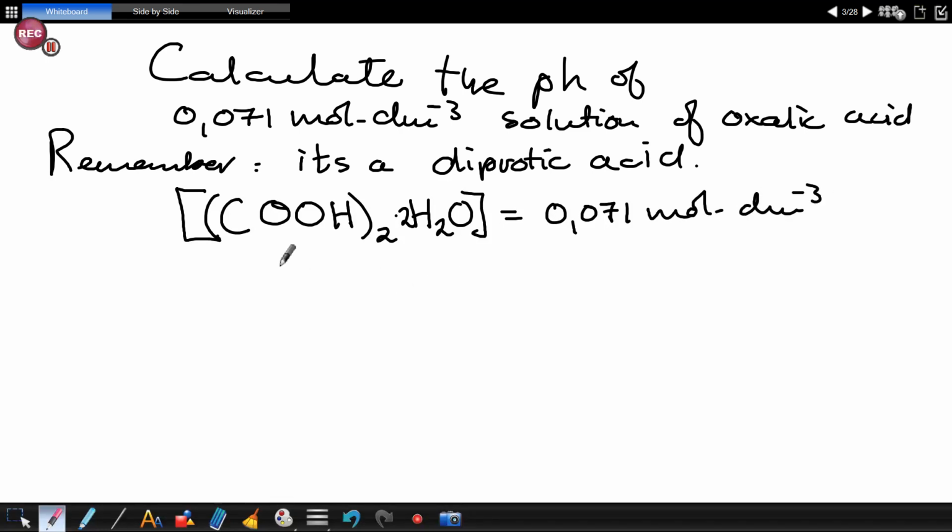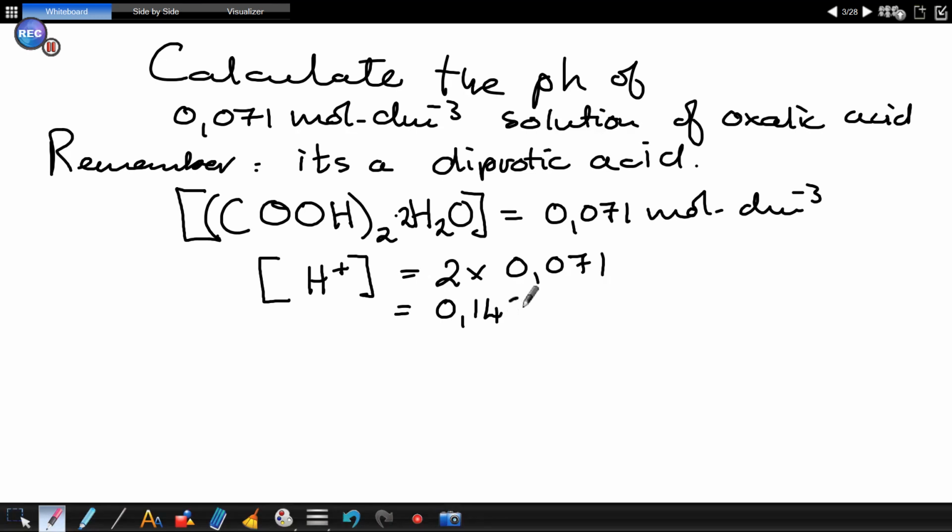What is the concentration of the hydrogen ions? It's 0.14. So what did you do? Twice 0.071, which is 0.142 mole per cubic decimeter.